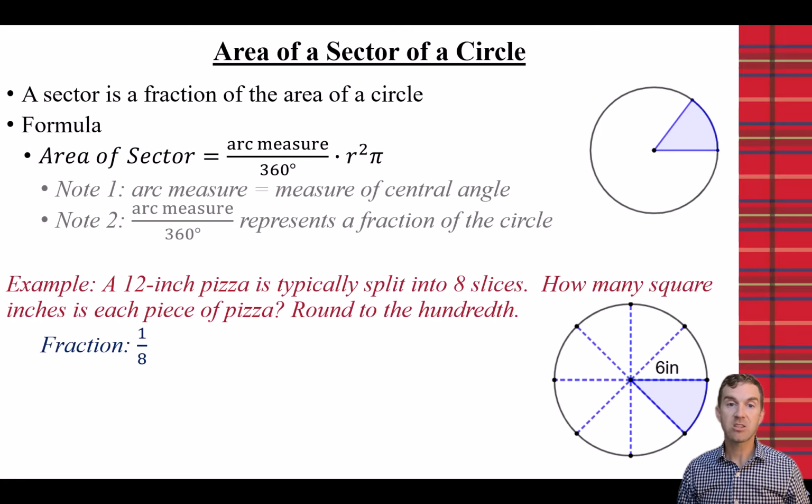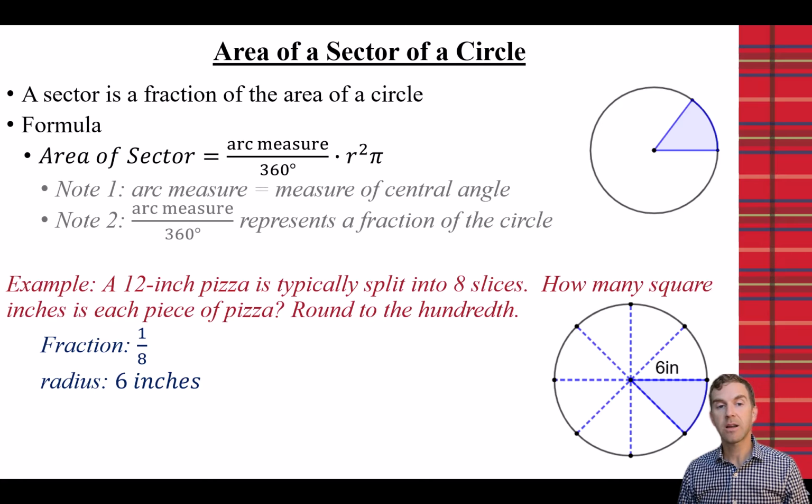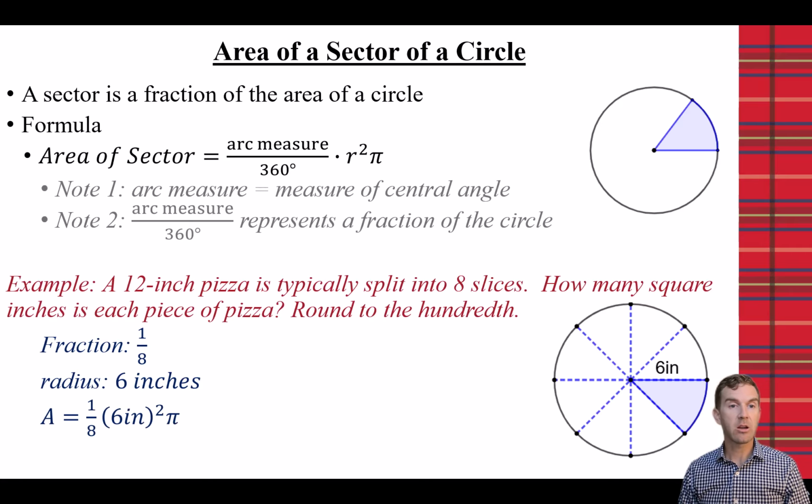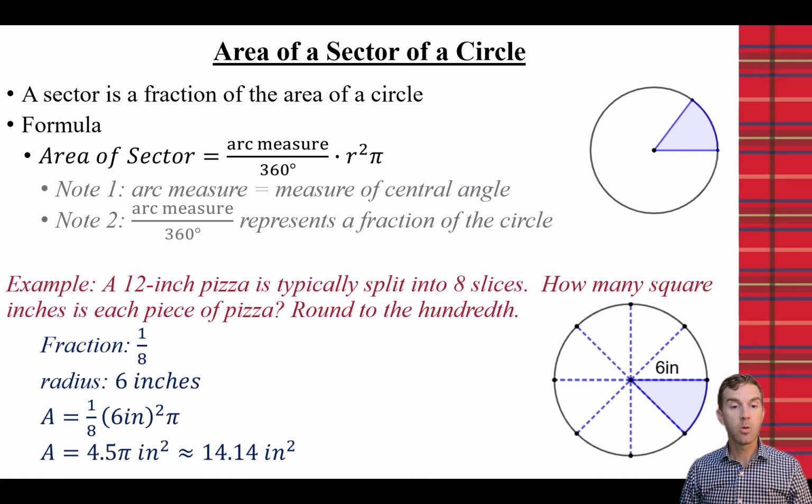So we know we're looking at a fraction of 1/8 and a radius of 6 inches, and we can use that to find the area of our sector. So that's 1/8 of 6 inches squared times pi, which would be 4.5 pi square inches, which is about 14.14 square inches for each piece of pizza.